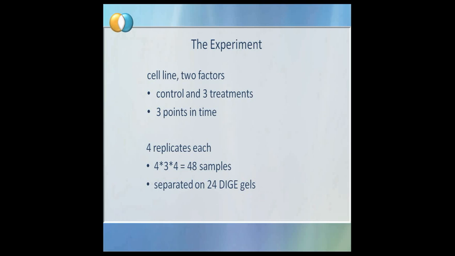So we will get a control and 3 different treatments for 3 different subcell lines and 3 points in time. That means we take samples at the beginning at 0 minutes, after 30 and after 60 minutes. And in this experiment 4 replicates have been made for each sample, and in this case these are technical replicates.